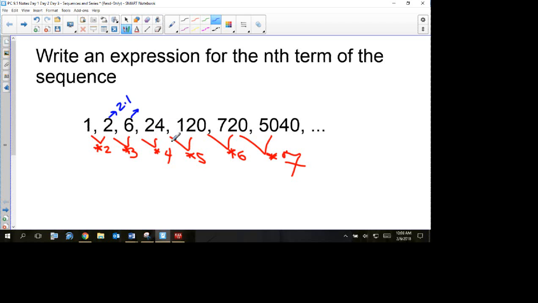What's 6 factored? Prime, like all the way down.